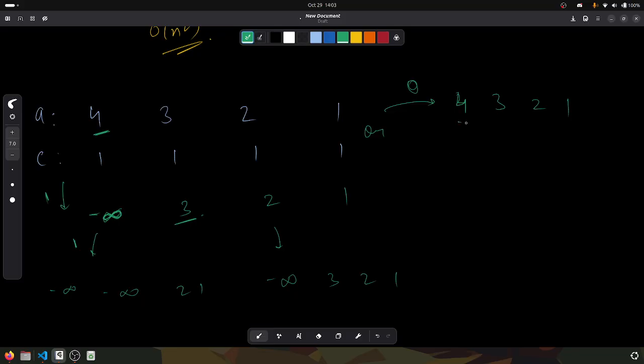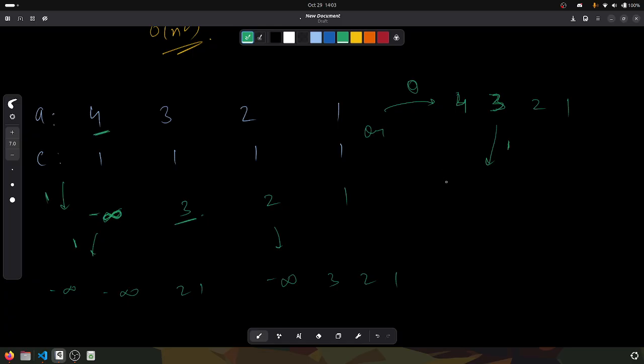Now here comes the interesting part. Here also I have two choices. Either I can change 3 or I cannot change 3. So if I don't change 3, that will not be possible, because 3 is smaller than 4. I will obviously have to do the operation on 3.